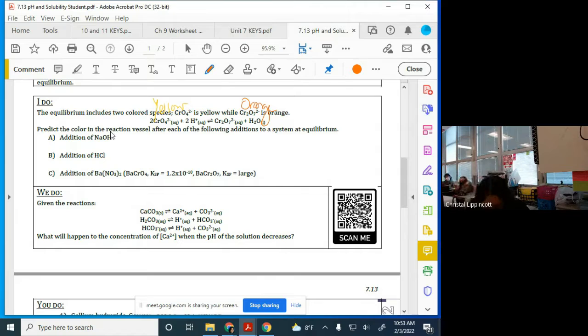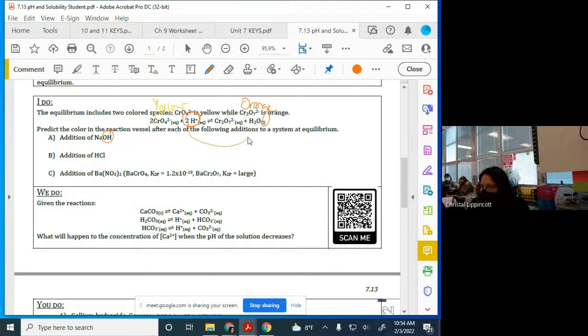So if we add in NaOH, that NaOH is going to hook up with what here? The H2O. It's going to hook up with this. Okay. Yellow. It's going to hook up with this. We're taking some of that away then, right?